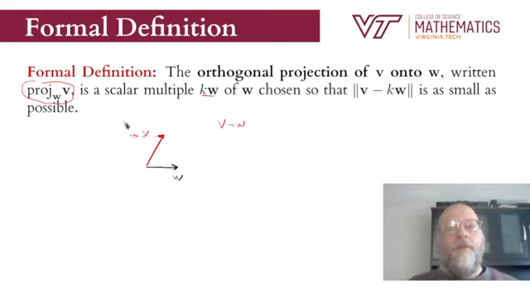This would be V minus W. And so that would be the vector V minus W. We go up V, we go back one negative W. And I want to make this vector as short as possible.